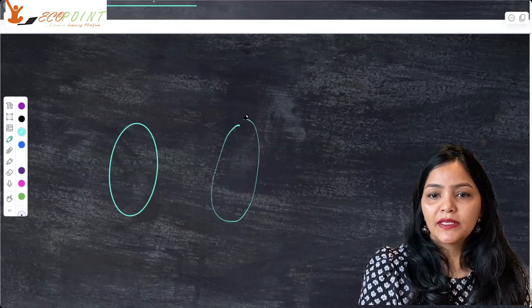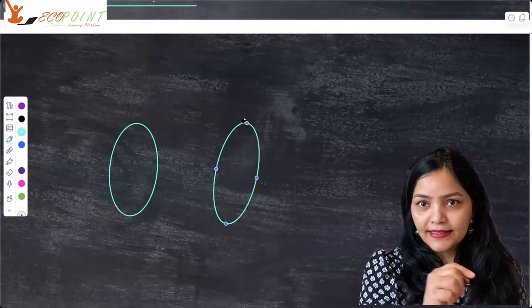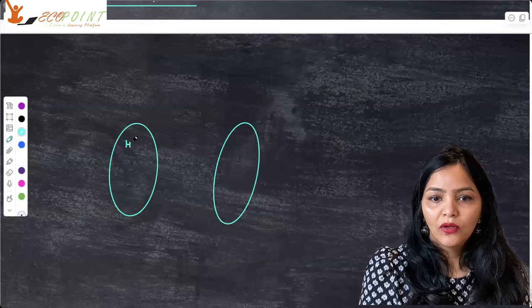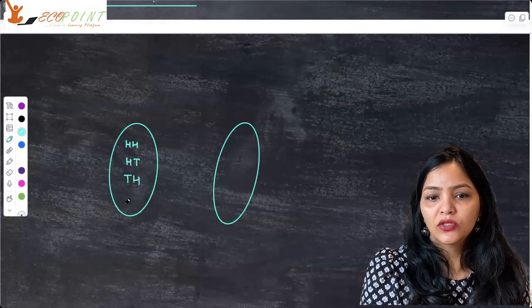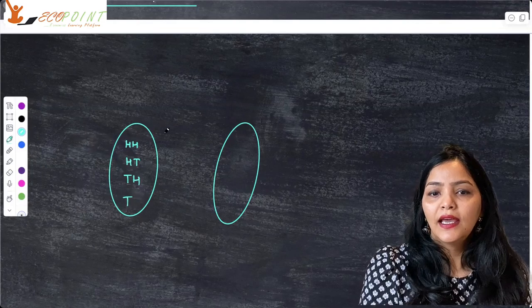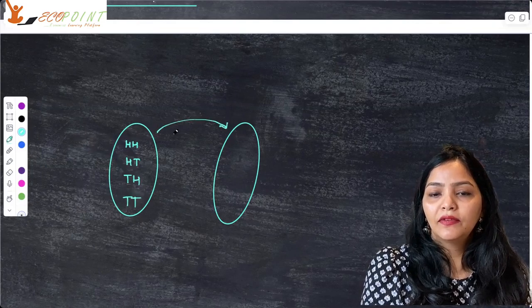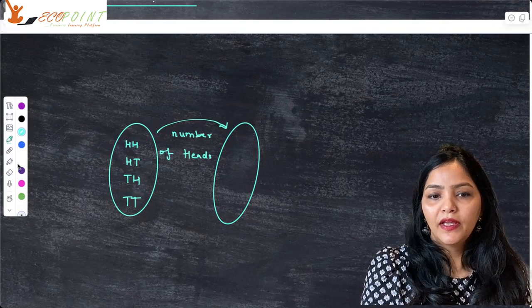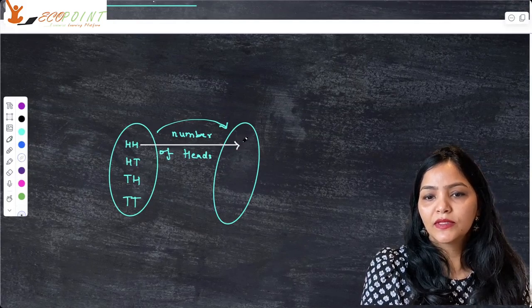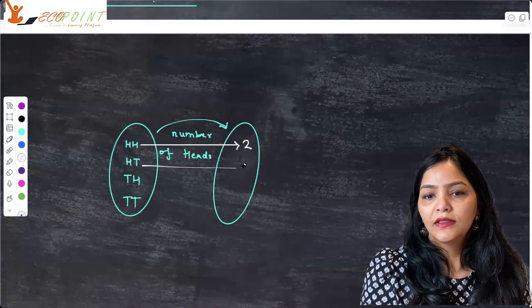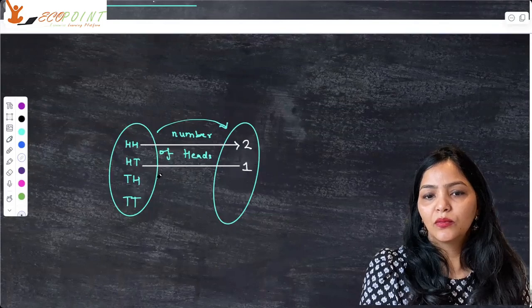Now, when I said unique number, please try to understand, just like in functions, this is your sample space and this is the range. Let us take the example that we had taken. So here I have HH, HT, TH, and TT. And the random variable that we have taken up is the number of heads. As you can see, this outcome is associated to 2. This outcome is associated to 1.